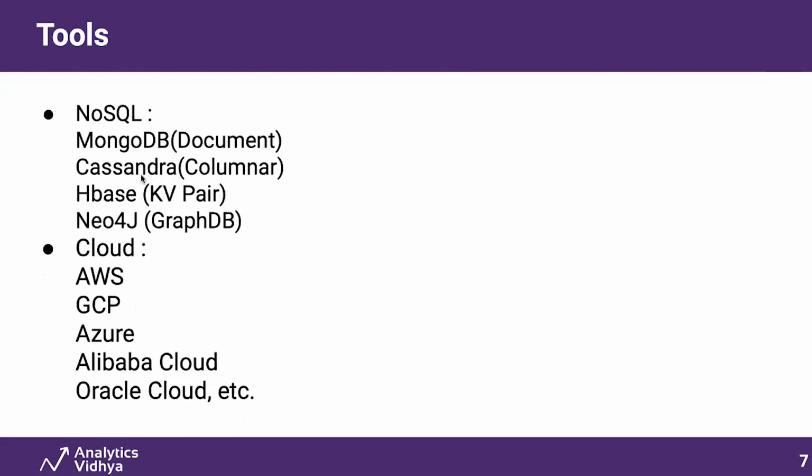Cassandra comes in your columnar, right? Redis comes in key value pair. Neo4j comes in your GraphDB, and so goes for your ArangoDB. So ArangoDB and Neo4j both come in your GraphDB, etc., etc.